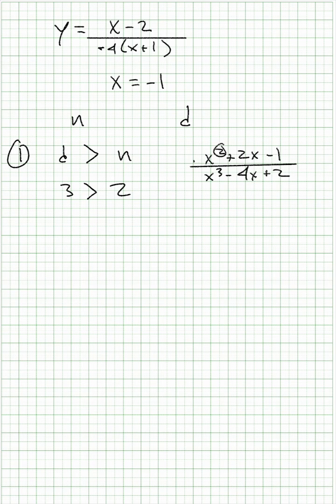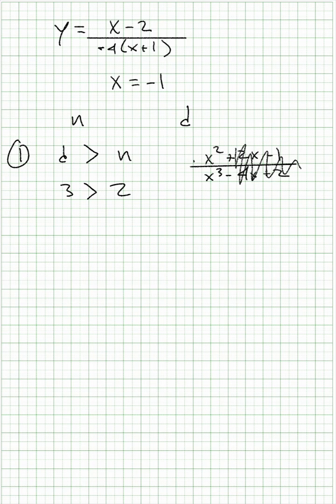And so to understand horizontal asymptotes, we have to think about what happens when x gets really, really big. So if x was like a billion, looking at my example here, the highest degree terms, the x squared and the x cubed, are going to be so much bigger than the other terms. The other terms are basically negligible. We can almost ignore them, right? If x was a billion, because a billion squared and a billion cubed is so much larger. However, a billion cubed is way bigger than a billion squared.